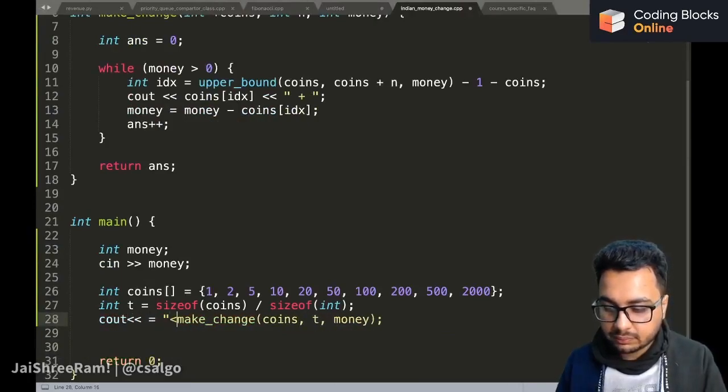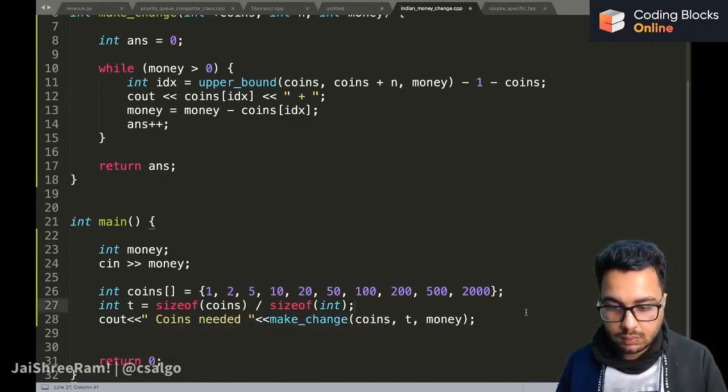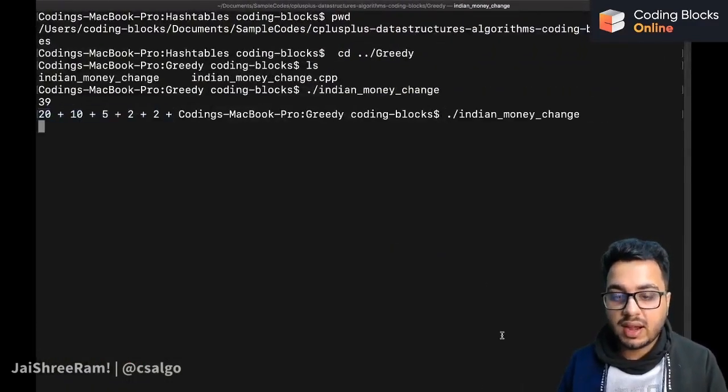Something like this. That will give you both the number of coins and the type of coins. Let me give 39.